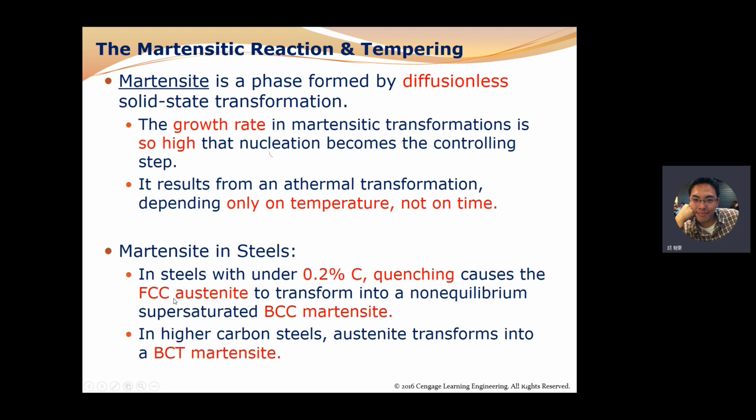In steel with under 0.2% carbon content, quenching causes FCC austenite to transform into BCC. For higher carbon content, FCC austenite transforms into BCT martensite, the body-centered tetragonal martensite.